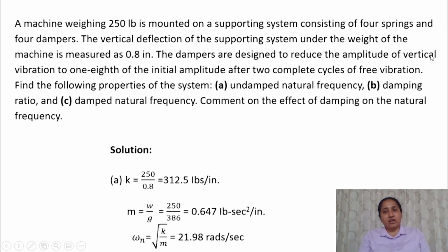The next thing we have to find out is the damping ratio, and it is given the amplitudes of 2 cycles. It is given that the dampers are designed to reduce the amplitude of vertical vibration to 1/8 of the initial amplitude. We can calculate the damping ratio using logarithmic decrement.